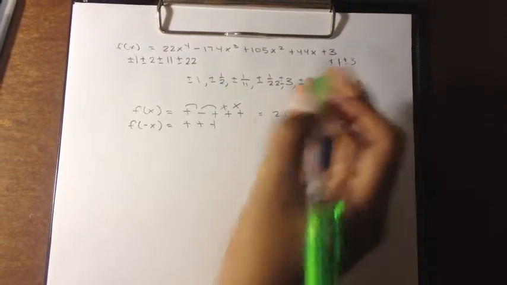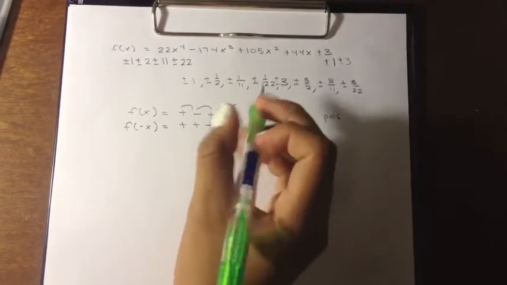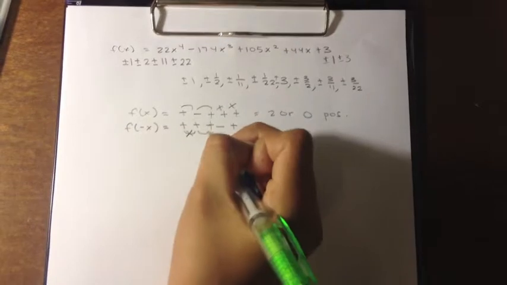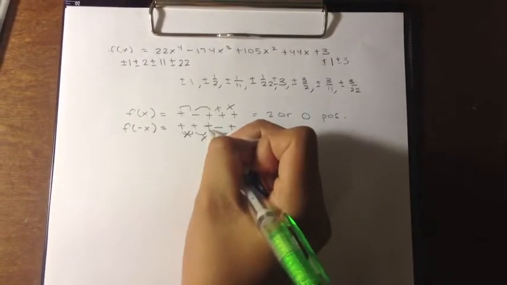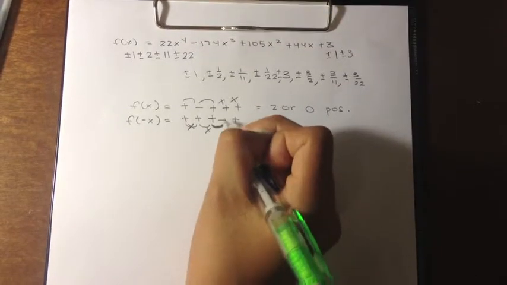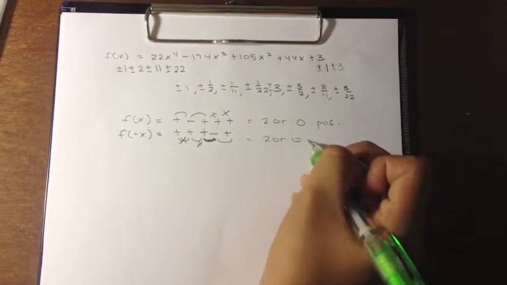This one changes signs, and the 3 stays the same. So from positive to negative, it changes, and from negative to positive, it changes. So it has 2 or 0 negative zeros.